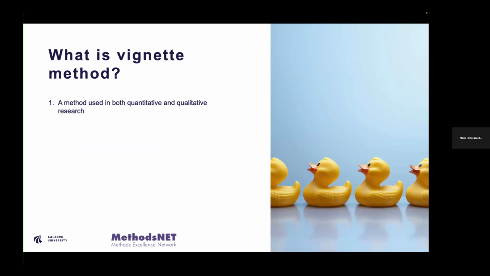And besides being a very cool method, which can give you incredibly rich data, just to start from the beginning, you can say that it's a method used in both quantitative and in qualitative research. So in this course, we focus on when it is embedded into a qualitative research design.